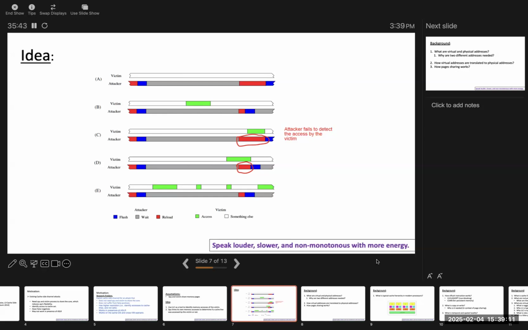And then this is the last scenario, where the victim loads the target address multiple times between the flush step and the reload step. In that case, the attacker is also able to detect it because it sees the lower latency. It doesn't matter whether you make one request or multiple, as long as the victim leaves a copy of the data in the LLC, as an attacker, I will see the lower latency.